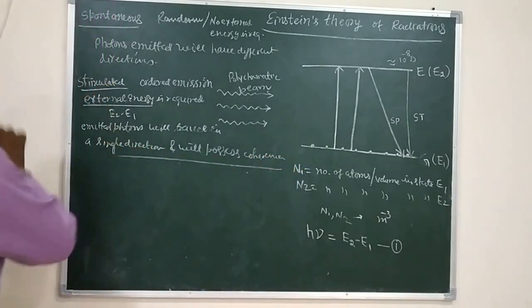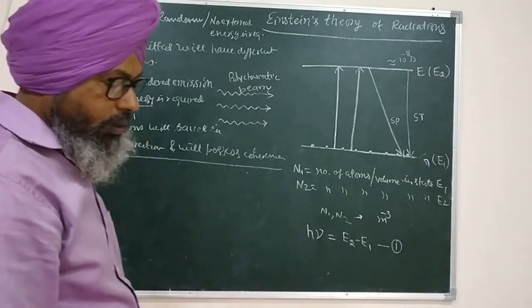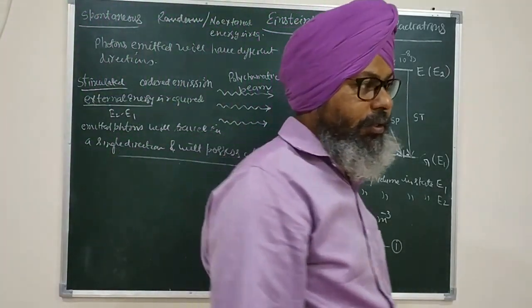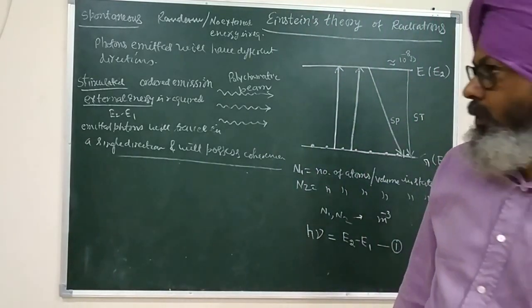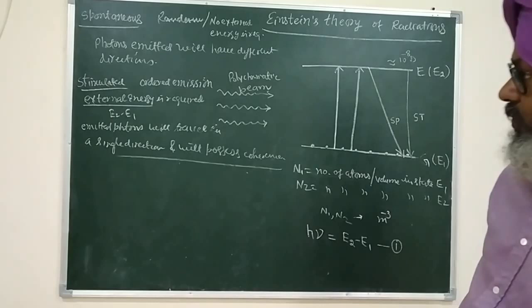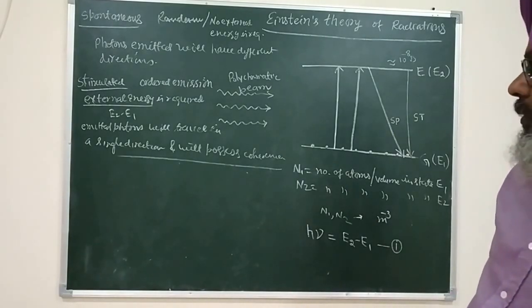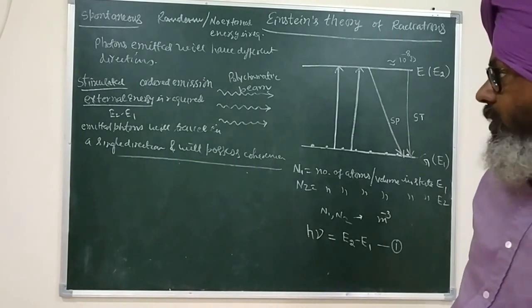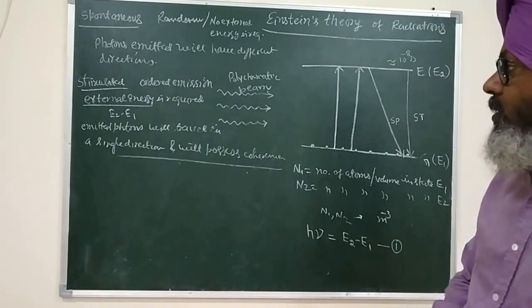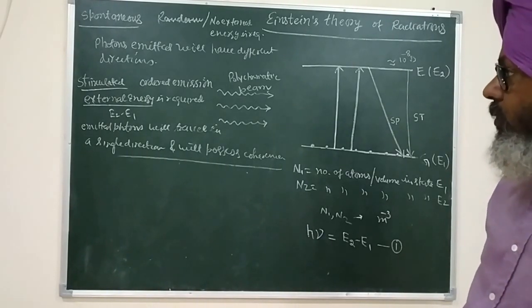So this is the important part in the second kind of emission, that is stimulated emission: it requires an external photon, and the external photon will start a process in which the emitted photons will be in the direction of the external photon.